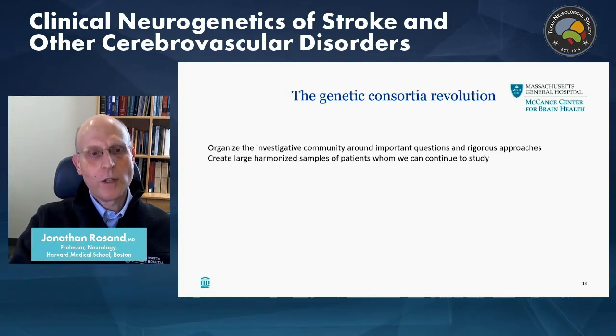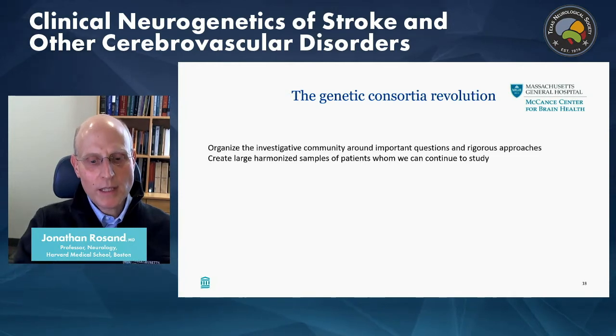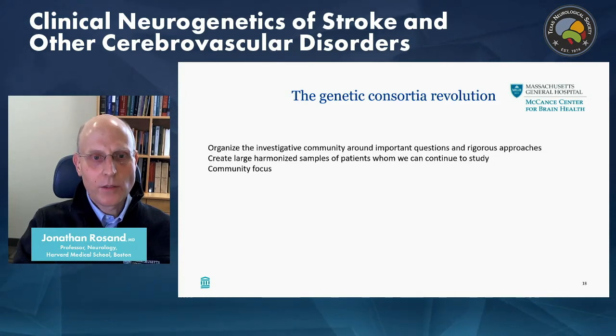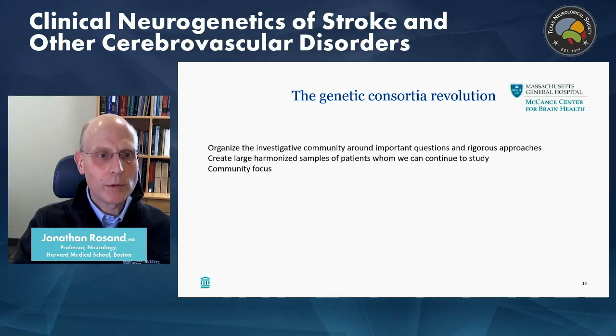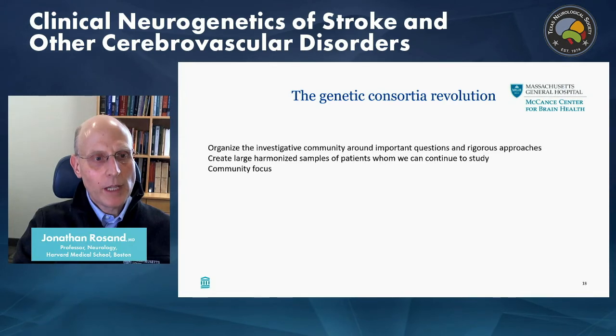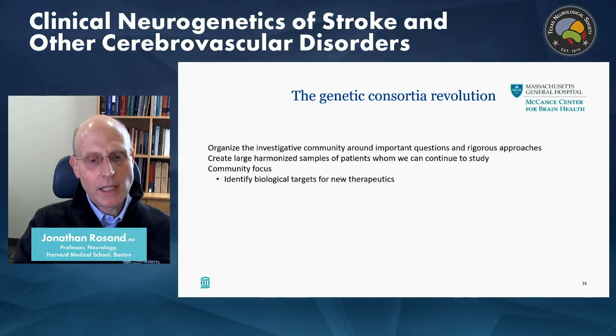The reason is, of course, you need large harmonized samples to achieve the sample sizes of cases and controls to study. We've really had to rewrite some of the rules for collaboration and maintaining a scientific community.